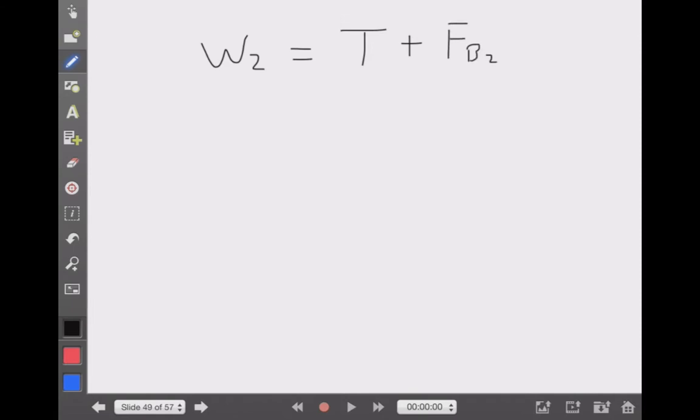So if we're looking to get the mass of the object, we probably are going to focus on this guy right here because this is just m times g, the mass of the metal object times g. We know what the tension is, and we need to find the buoyant force on the metal object.